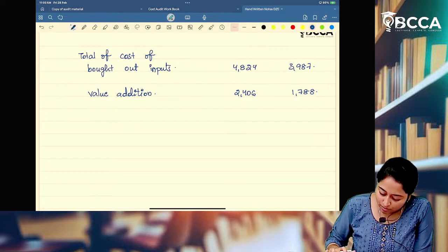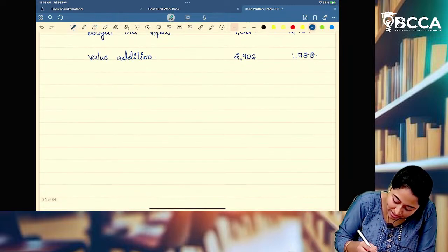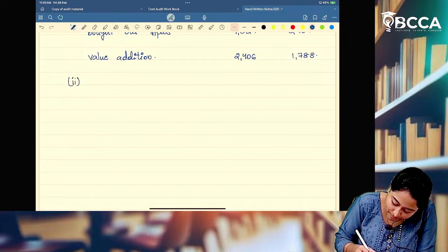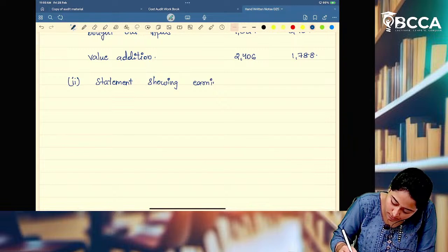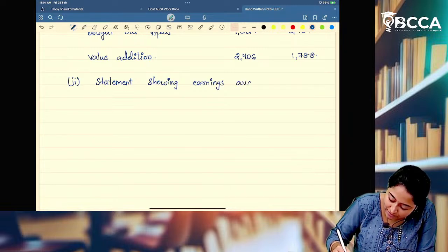Then what you have to do is second, statement showing earnings available for distribution.